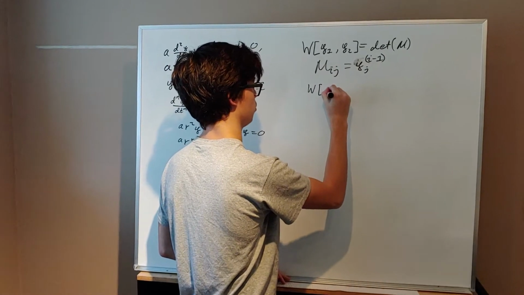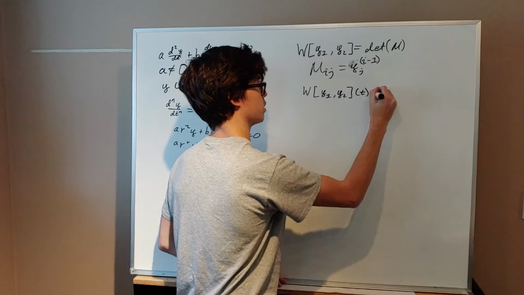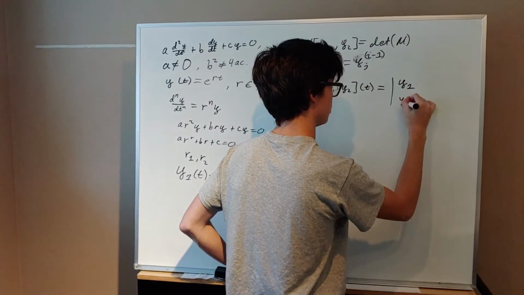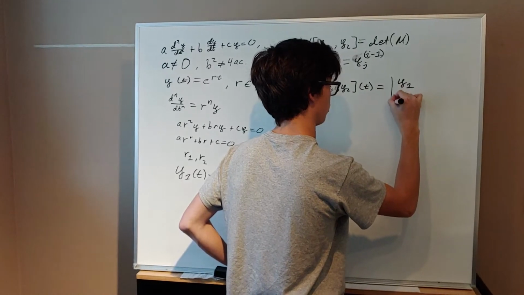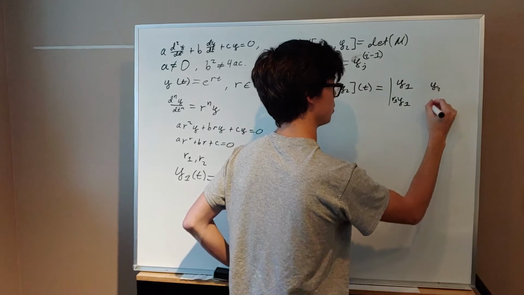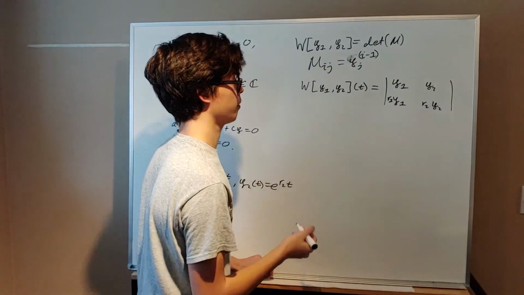W of y1, y2 of t is equal to the determinant of y1, r1 y1, which is the derivative of y1, and y2, r2 y2, the derivative of y2.